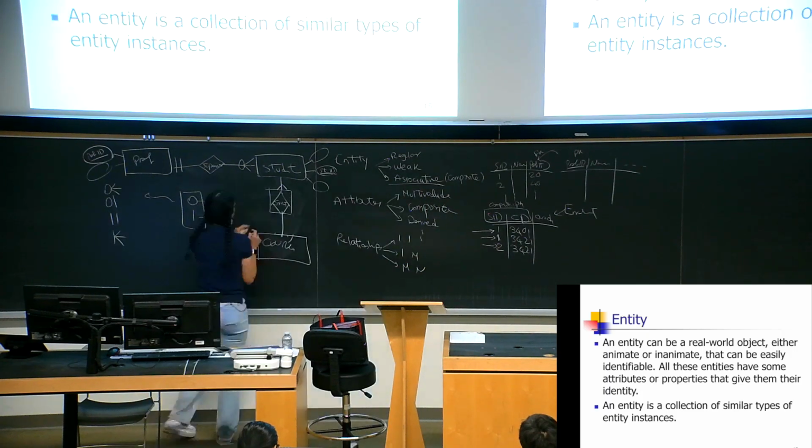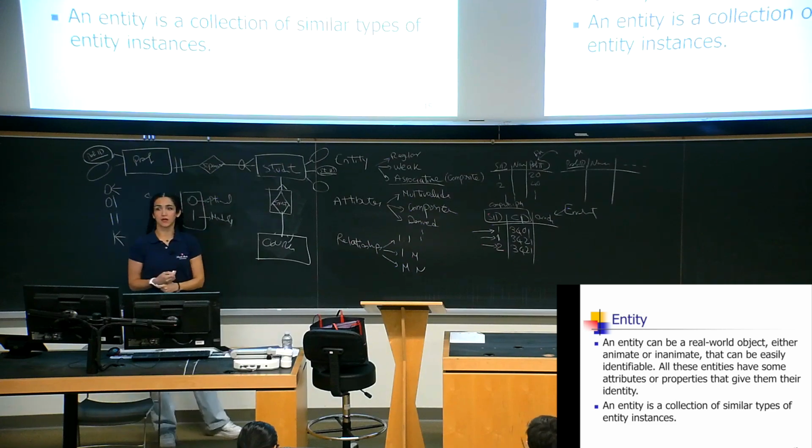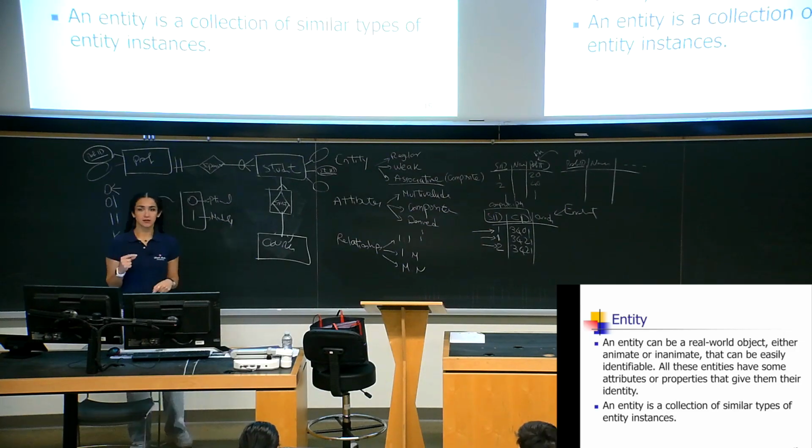And how about the other way? For each enrollment, how many students can appear? You can check it with the table there, right? Each row in the enrollment table represents a unique enrollment, right?